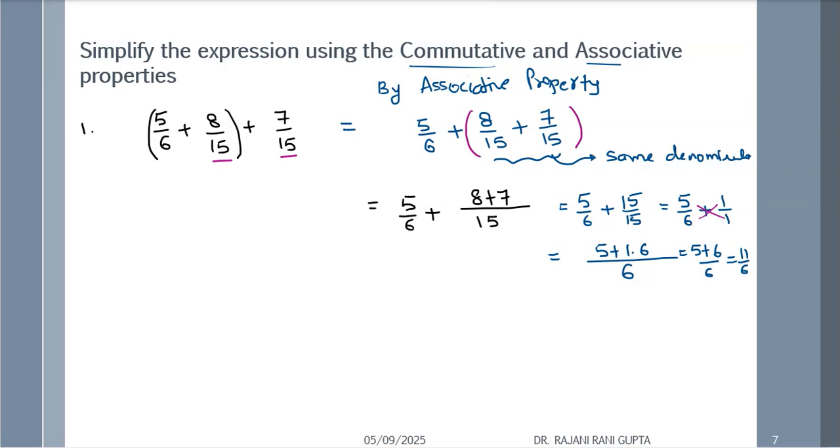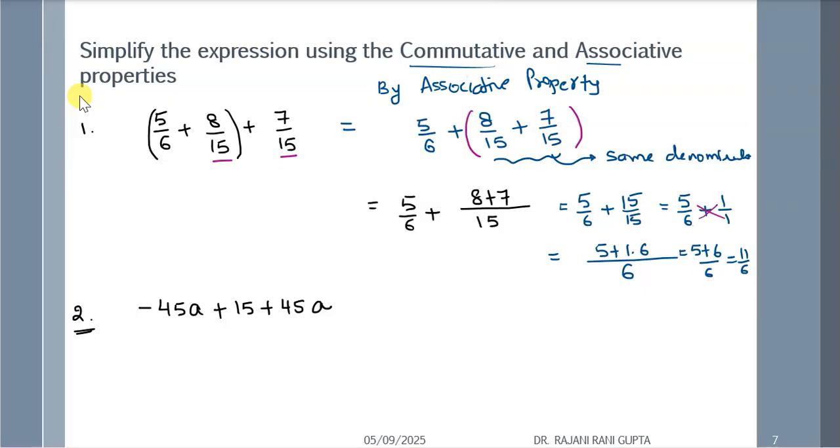Okay. Similarly, let's take another example which includes variables. Suppose you have, say, minus 45a plus 15 plus 45a. Okay.